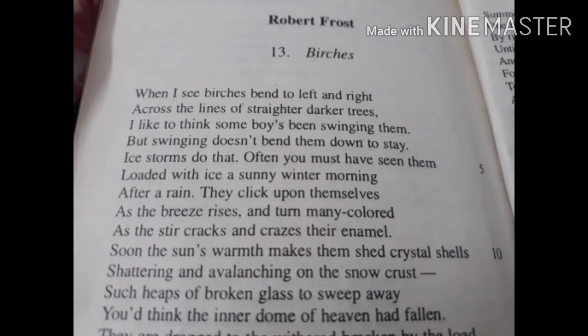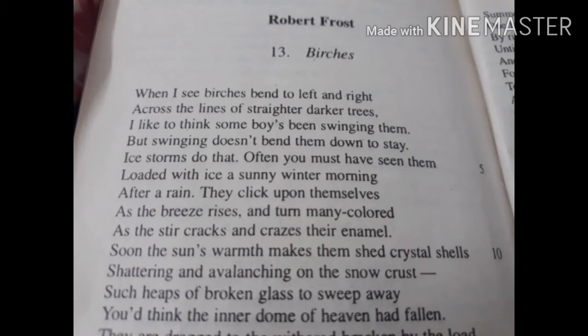He knows that these branches are bending due to the heavy load of ice storms, but he likes to imagine that some boy has been swinging them. He likes to imagine that these branches have bent due to the boys swinging on them.